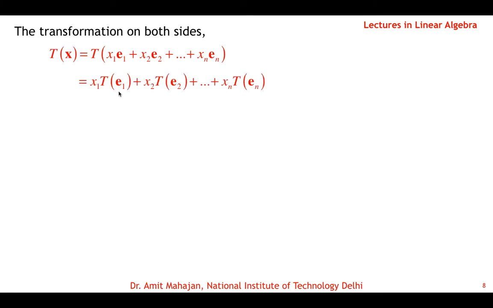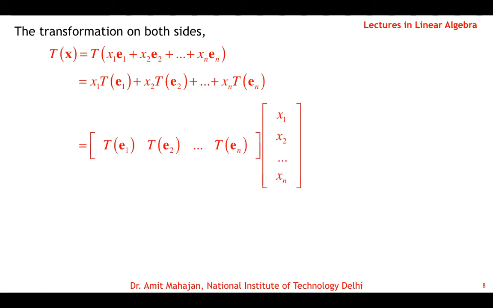So we can write it as x1 Te1 plus x2 Te2 plus so on xn Ten. This we can again write as a row matrix times a column matrix. So this can be rewritten as the row vector Te1, Te2, and so on Ten, times the column vector x1, x2, and so on xn. You can check that if we multiply these two, we get Te1 x1, which is the first term, plus Te2 x2, the second term, plus so on Ten xn, the last term.